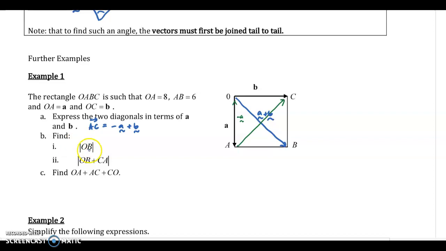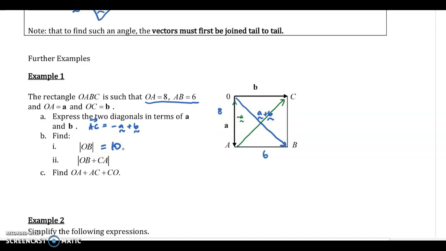Part B, find the magnitude of OB. Remember the notation of the vertical bars means just the magnitude, just the length, not the direction. OB would be the hypotenuse of the right angle triangle, with OA being 8 and AB being 6. That hypotenuse will be 10 because it is double the triad of 3, 4, 5. So that would be 10 units.